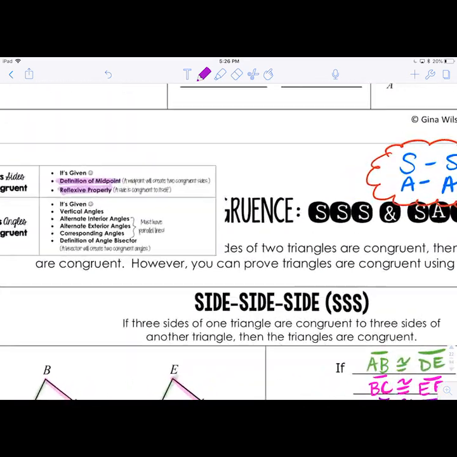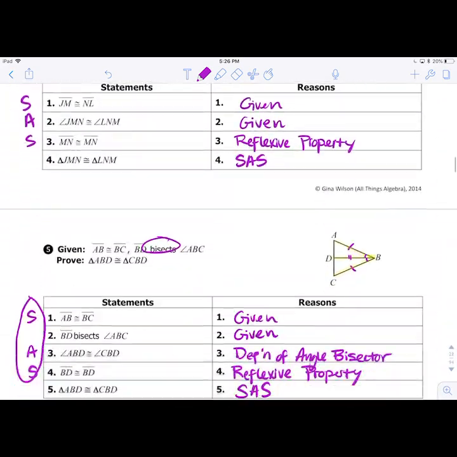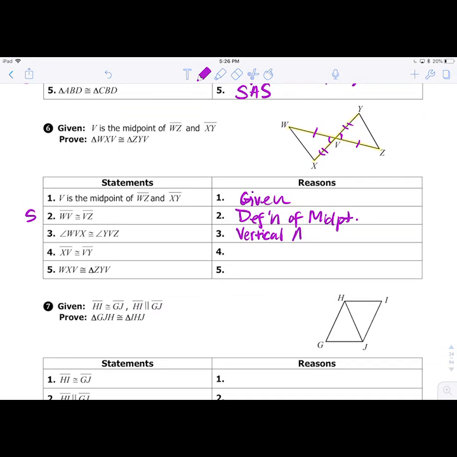It's totally okay if we just write vertical angles. So that's angles. And then we also know XV is congruent to VY. That's the definition of a midpoint. Remember, when we were marking up our triangle earlier, we used midpoint. So that's a side, that's an angle, that's a side. So the theorem must be SAS.